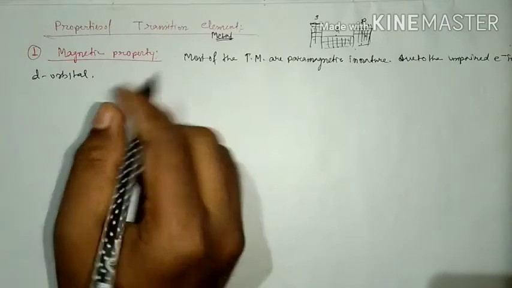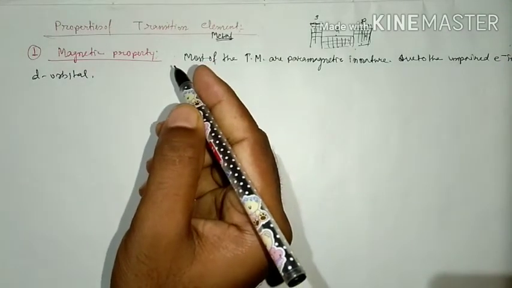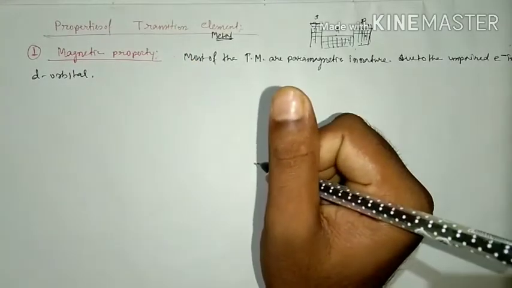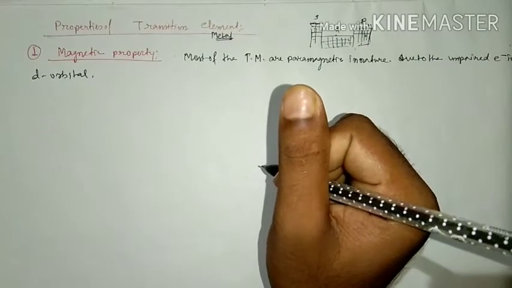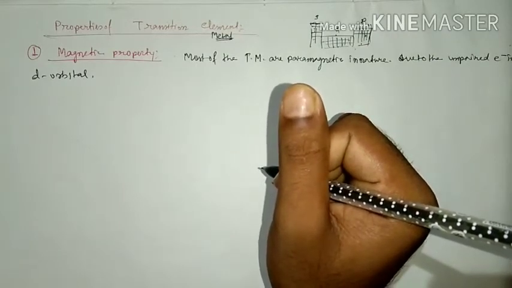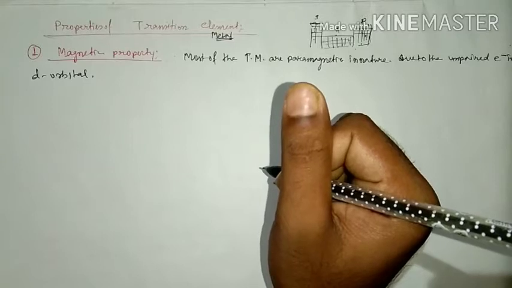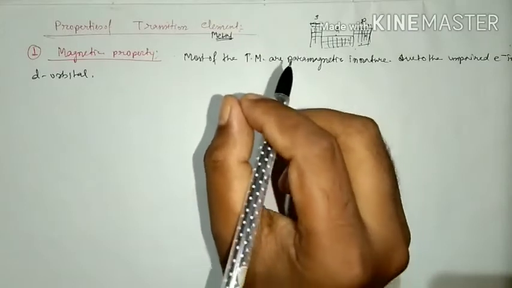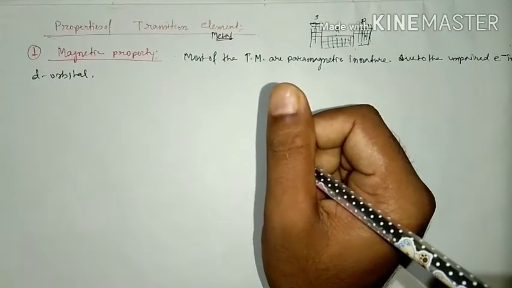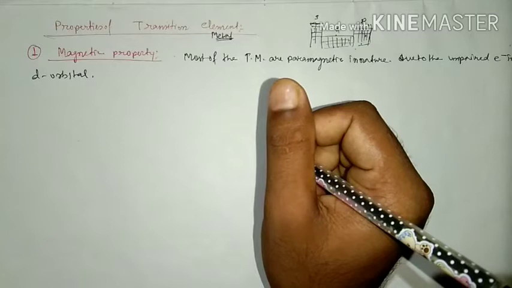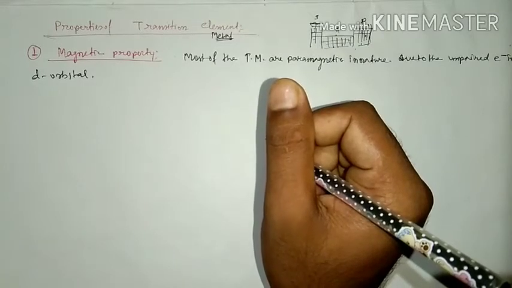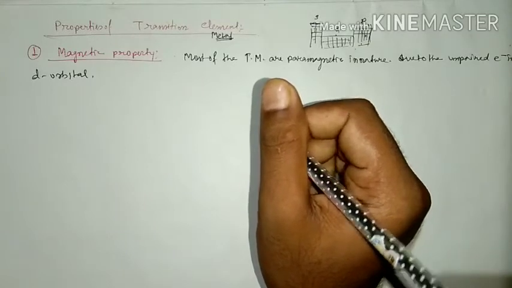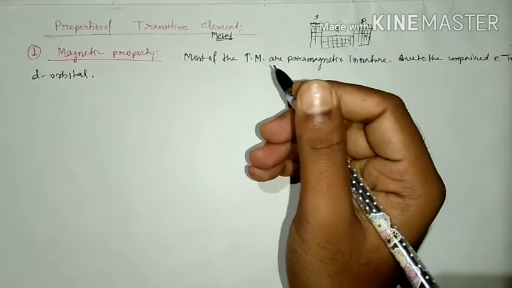Okay, as you see in the copper, the D orbital is fully filled, but in the +2 state, copper has only one unpaired electron in the D orbital. That is why copper also behaves as a paramagnetic material.